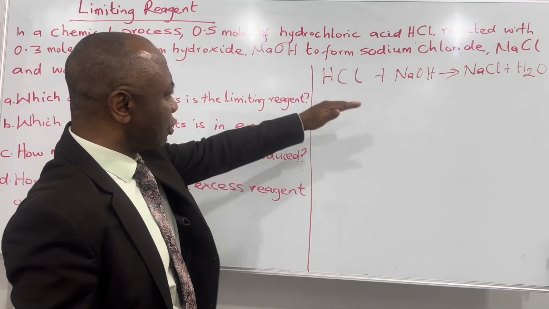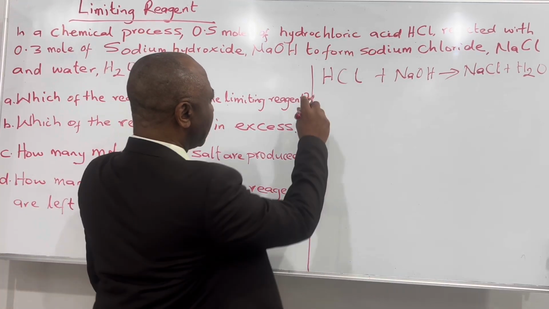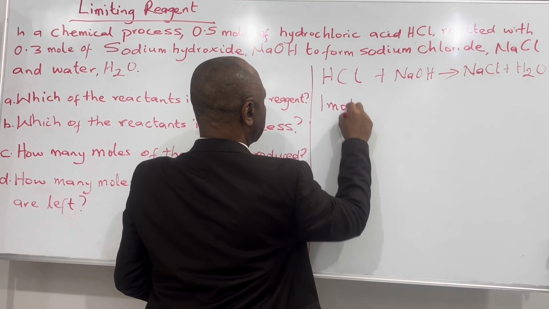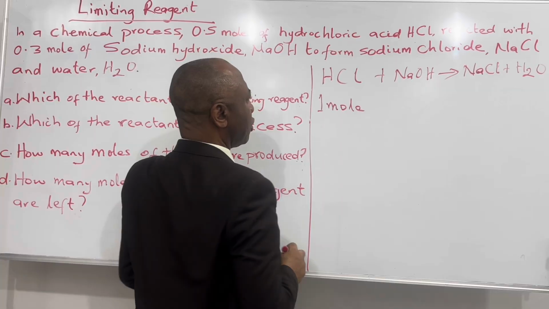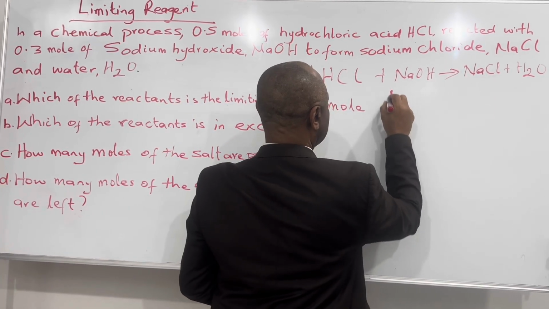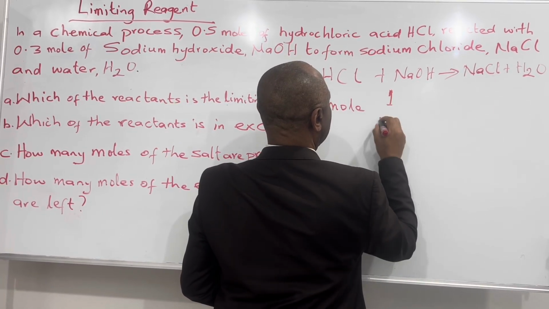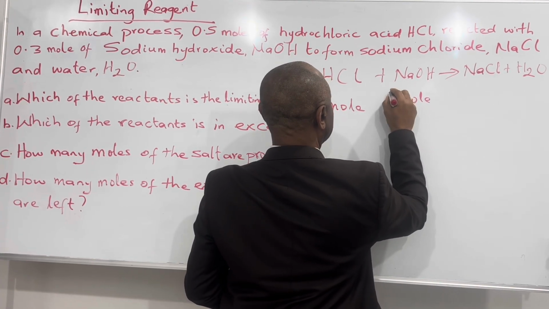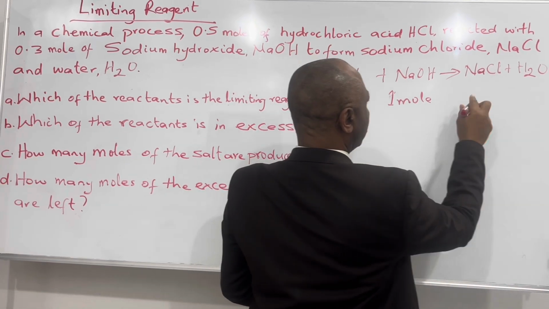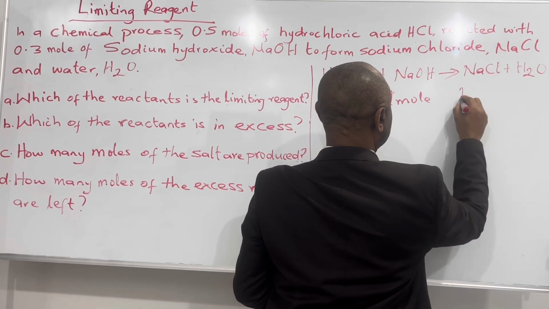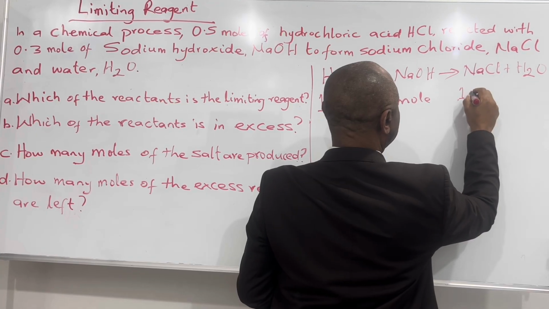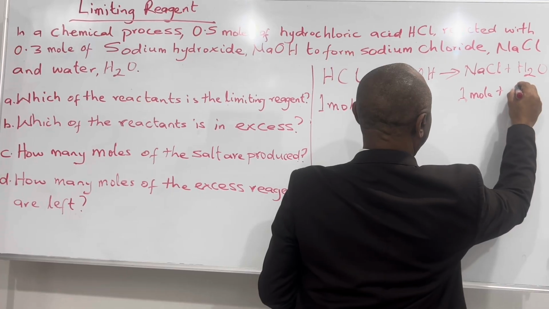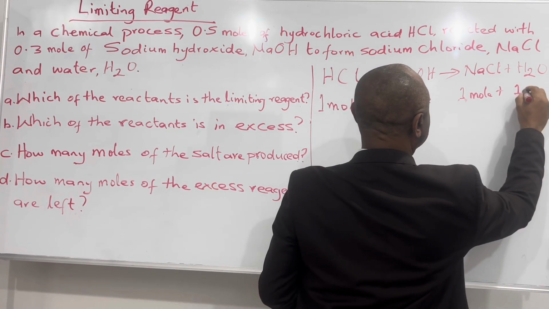Now, from this equation, you have that 1 mole of HCl reacted with 1 mole of sodium hydroxide to give you 1 mole of sodium chloride and 1 mole of water.